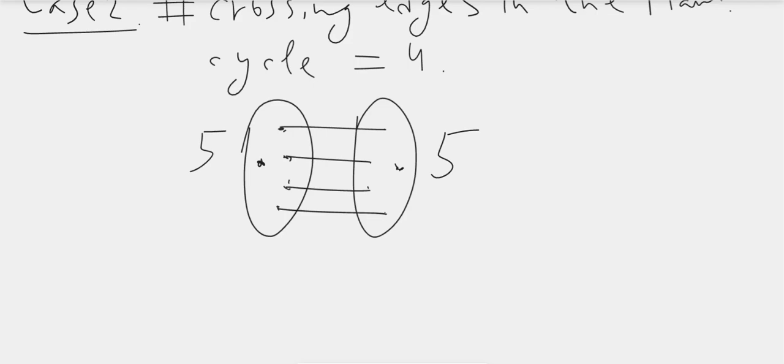But this remaining vertex must be visited by the Hamiltonian path. So the only way for it to be visited is that it must be connected like this to 2 other vertices in the same set.